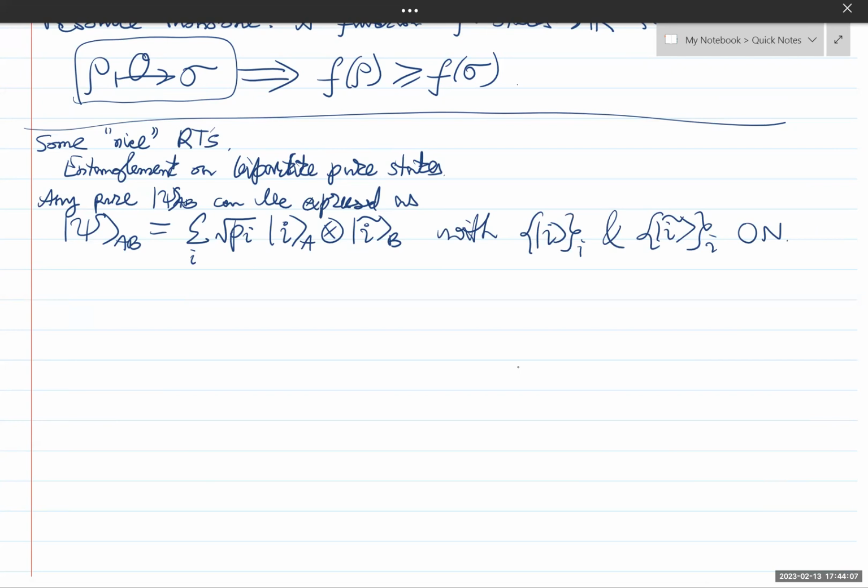So any pure bipartite state has something called the Schmidt decomposition.